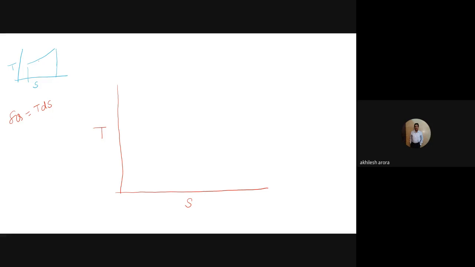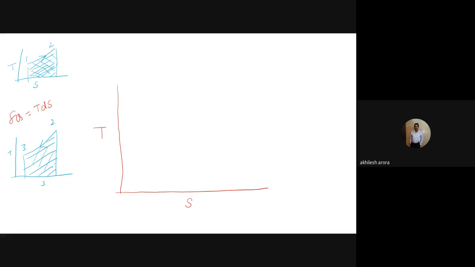If the direction is from 1 to 2, then this area under the curve represents the heat supplied. And if the process being followed is from say 2 to 3, then the area under this curve, because the entropy is reducing from 2 to 3, represents heat rejected. That is the basic difference between the two cases. It depends upon the arrow.